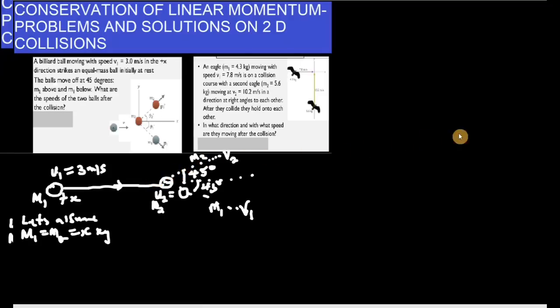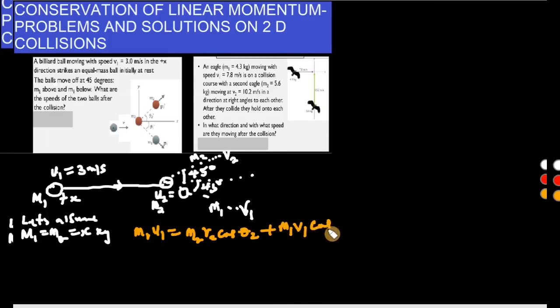Following what we did previously, we know that for conservation of momentum here, you can check the video, we have m1 u1 equals m2 v2 cos theta 2 plus m1 v1 cos theta 1. So this is the conservation of linear momentum along the horizontal.